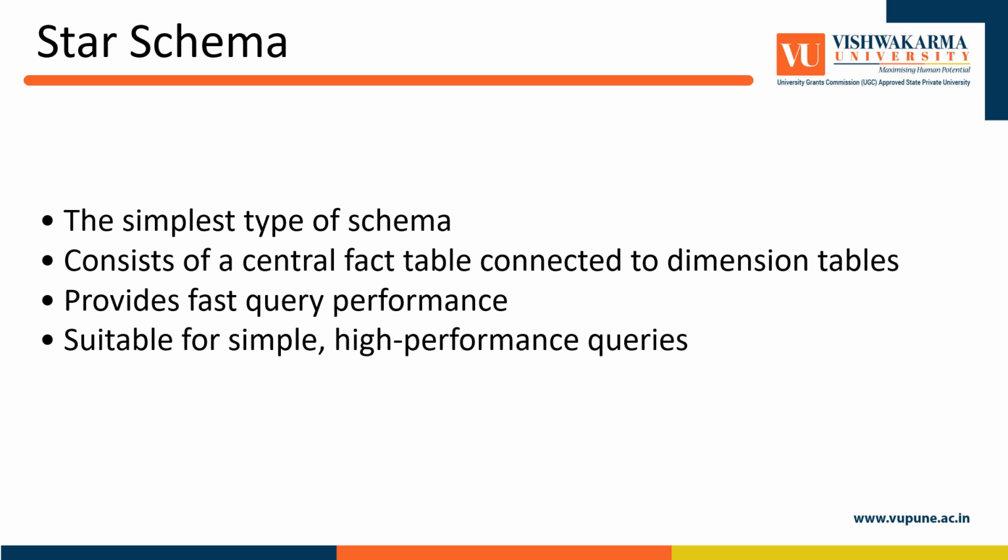These dimensions represent descriptive attributes such as time, location, or customer details. Because all dimensions are directly connected to the fact table, queries run faster. However, it may lead to some data redundancy. Now, let's see how we can further normalize this schema with the Snowflake schema.